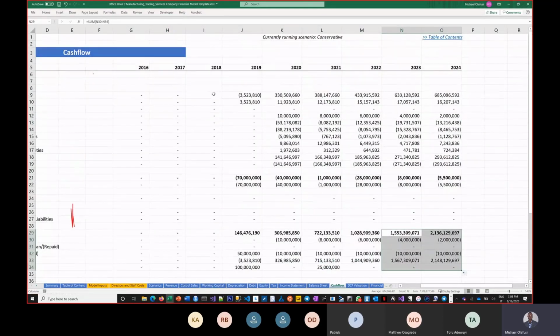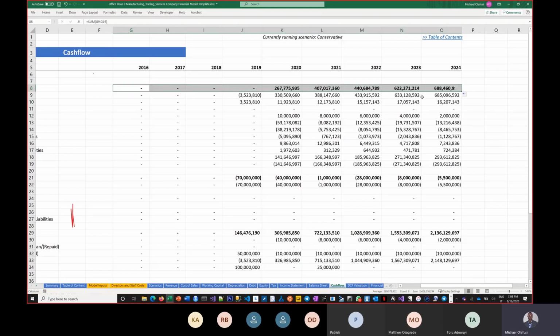And lastly for this, equal to sum of all of these, and then I drag all the way to the right.